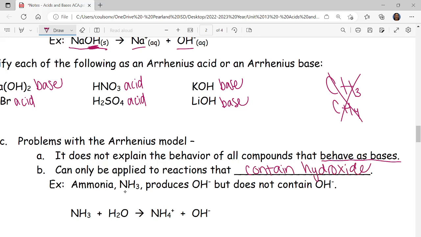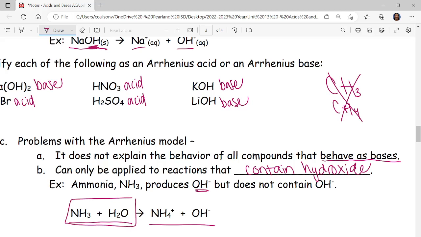So for example, ammonia, which is NH3, will produce a hydroxide ion, but it doesn't contain hydroxide itself. So this reaction right here doesn't actually contain hydroxide on our reactant side, but it's still able to produce hydroxide ions.